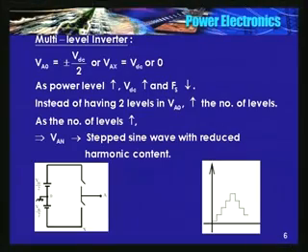Now I said line to line voltage has in the positive half 0 to VDC. I can say that it is a 2-level waveform, 0 and plus VDC. Or pole voltage is also either plus VDC by 2 or minus VDC by 2. Can I have more number of levels instead of having 2? At that time VIN now may have a large number of steps.